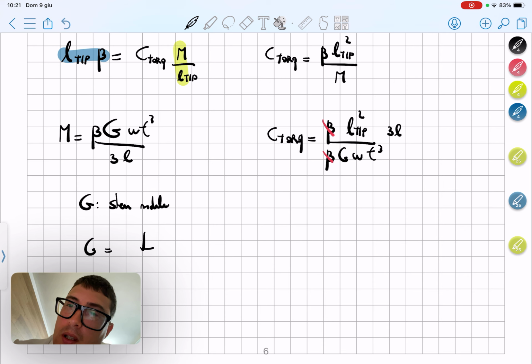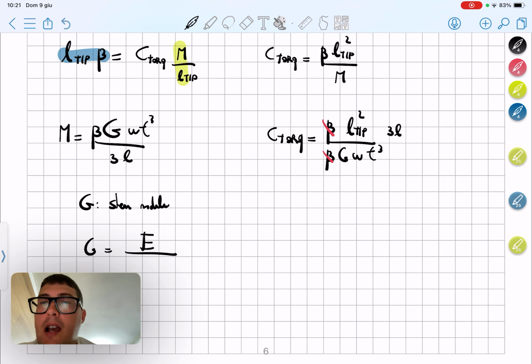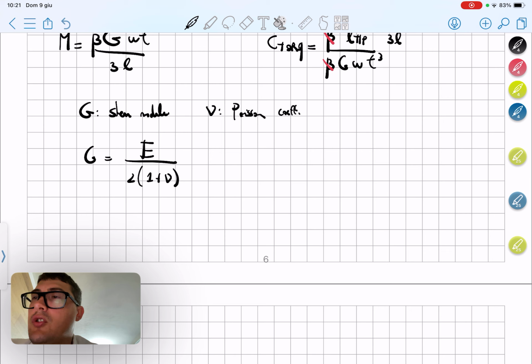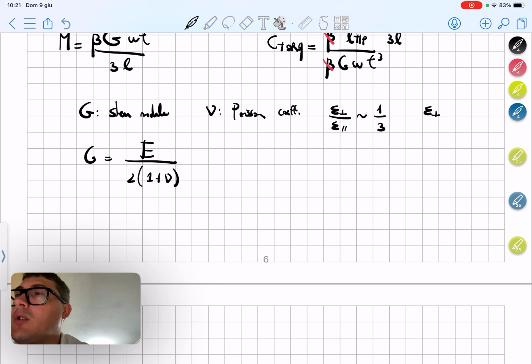And G appears to be proportional to the Young's modulus divided by 2 times (1 plus nu), where nu is the Poisson coefficient, which relates the deformation in the orthogonal direction with respect to the longitudinal direction, and for most materials it is 1/3. Okay, so the elongation in the orthogonal direction is 1/3 of the parallel one.